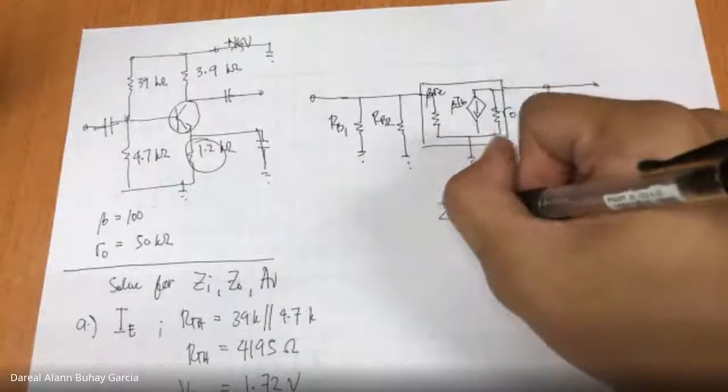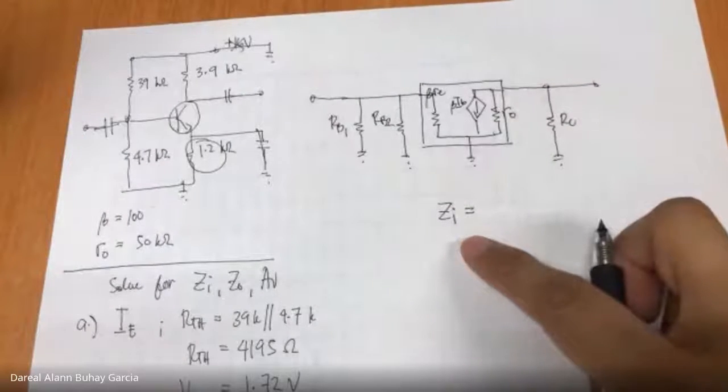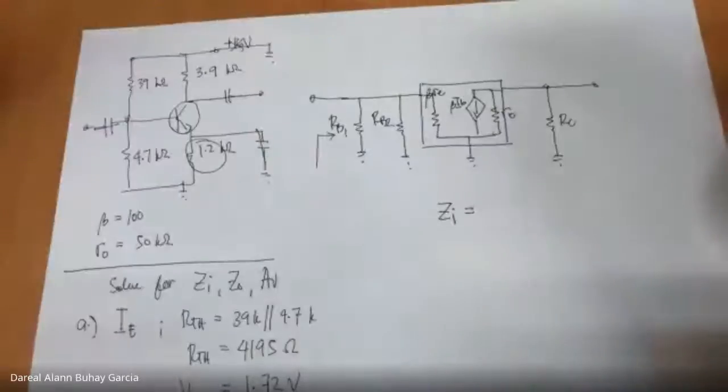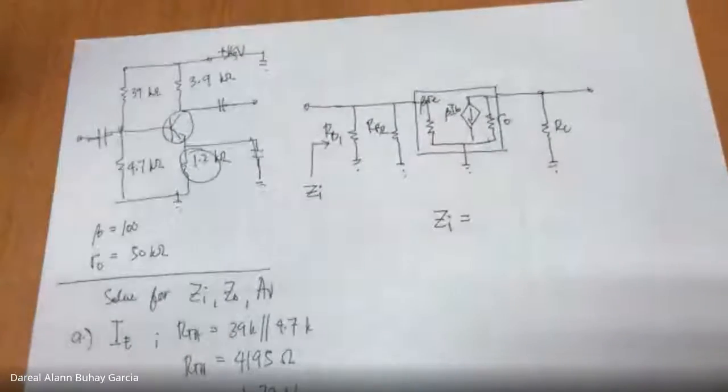First, solve for input impedance. What are the total resistances or impedance looking through here? What is the impedance seen by the source?